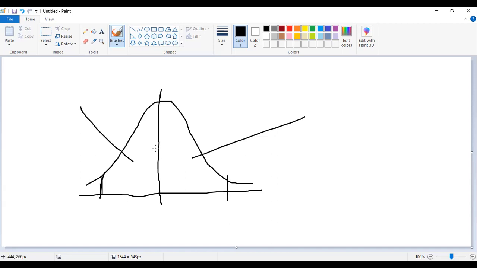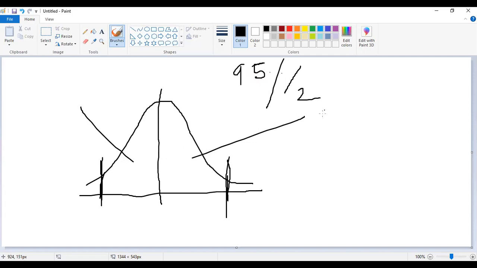So what we will do, from here to here, this total area is 95%. That is the 95% CI. I am 95% confident that my population proportion will lie within this. Now we will divide it by 2.